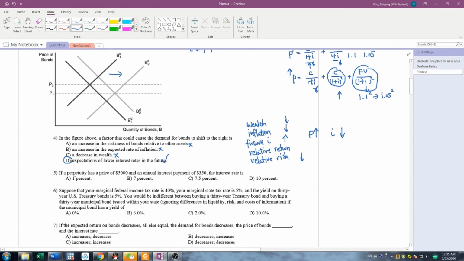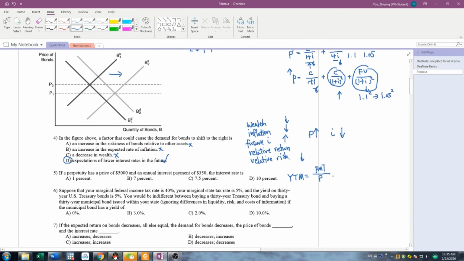For question 5, if a perpetuity has a price of 5,000 and an annual interest rate payment of 350, the interest rate is what? Okay, so perpetuity has its own equation, which is the yield to maturity equals the payment you pay each period divided by the original price.